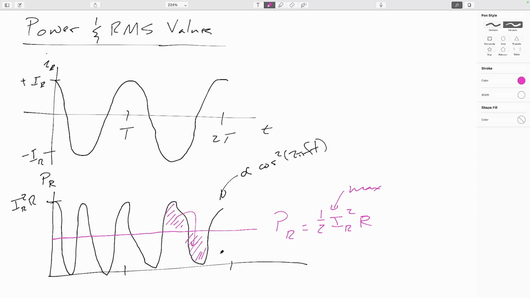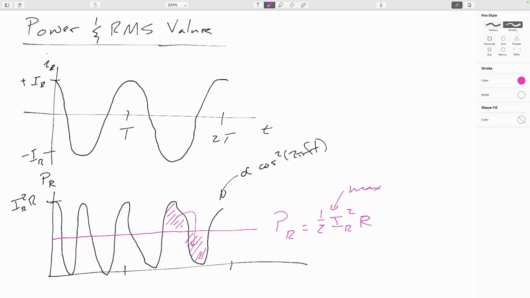And so the total energy and the area under the curve here would correspond to the energy being delivered. So the total energy being delivered by this thing is the energy you get by saying it was a constant value at 1/2 of the max.